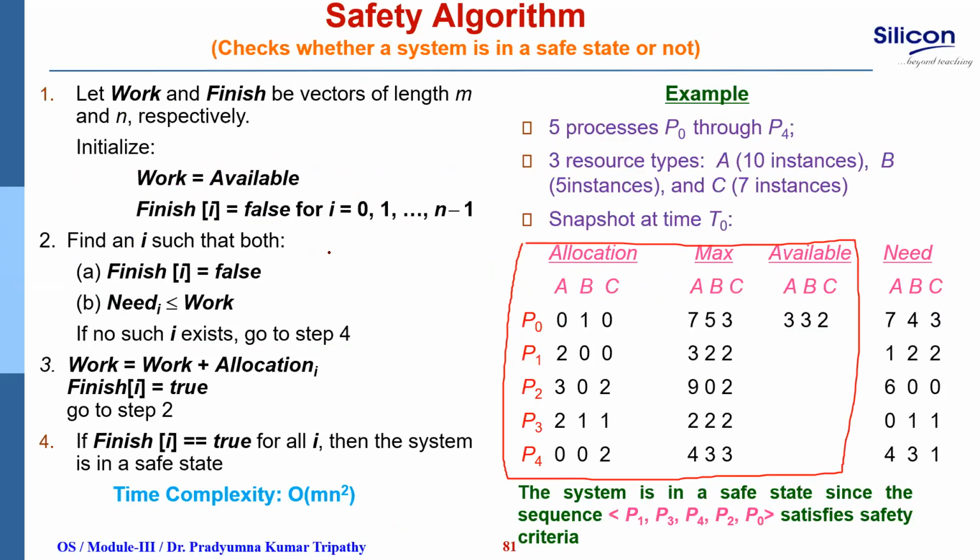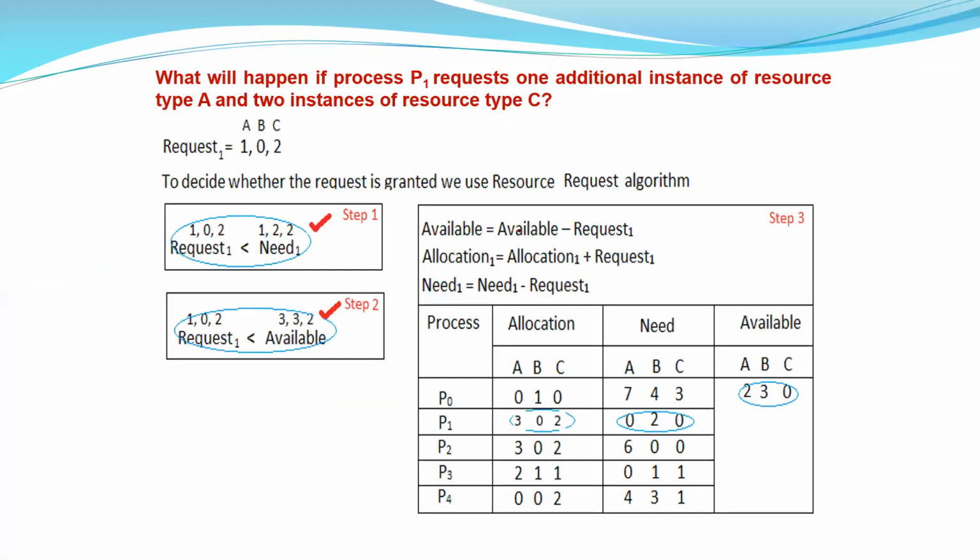This is the algorithm that we have. We take work and finish, work is equal to available, finish false. We do the same thing. The only difference is in how we set the initial value to true: if allocation is not equal to 0, we make it false.